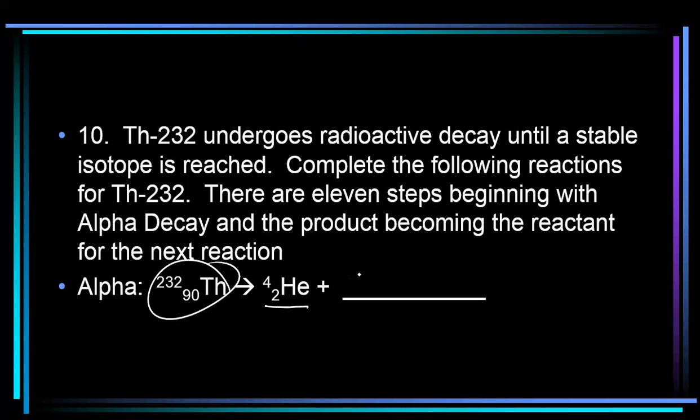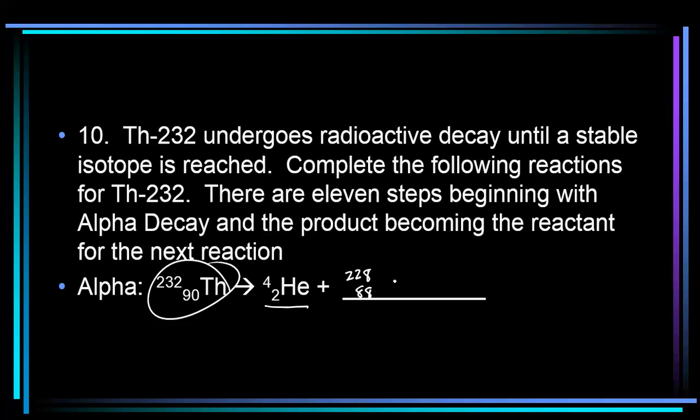What will she become? Serenity, what plus 4 equals 232? In other words, 228. What plus 2 is 90? All right, so look up on the periodic table who number 88 is.